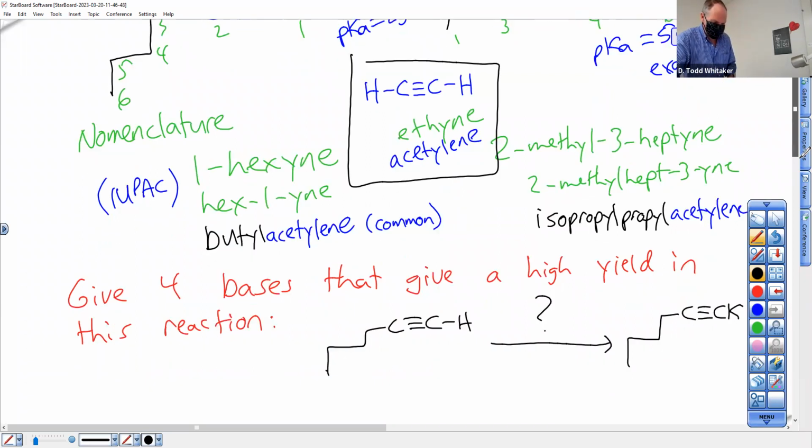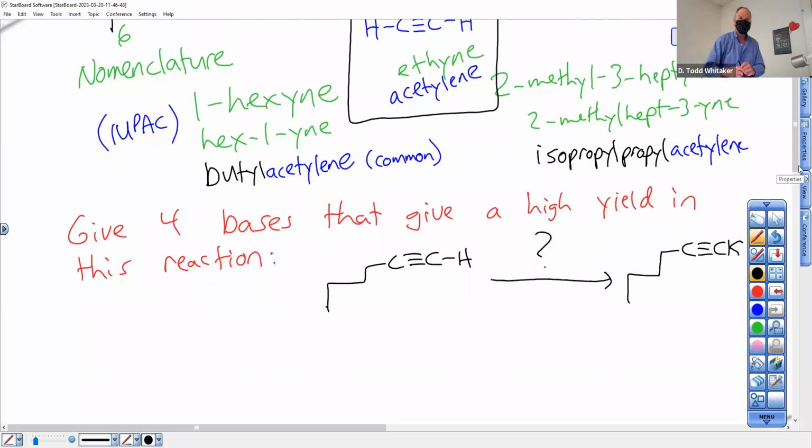Now, I have a very liberal definition of high yield, just greater than 50%. Greater than 50% yield. And I'm going to tell you why your favorite base is not an adequate answer.